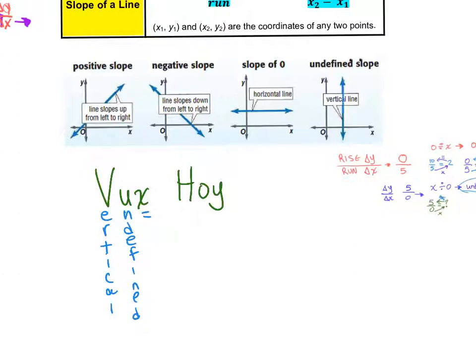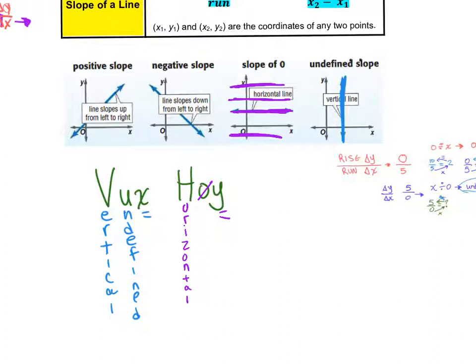See this vertical line here? Right here, if you didn't see that visual with the blue, it is crossing the x-axis. The other one, horizontal lines, have a slope of 0, and they are y equals equations. They cross the y-axis. So here's the horizontal line. Regardless of where it is, if you're a horizontal line on the coordinate plane, you're going to cross the y-axis. So VUX HOI is another way of remembering that vertical lines are undefined, horizontal lines have a slope of 0.